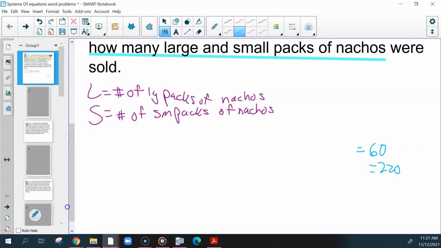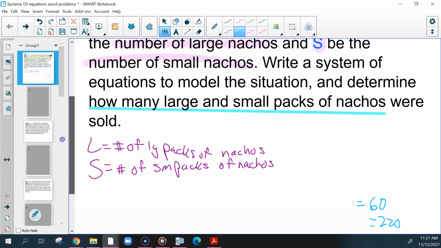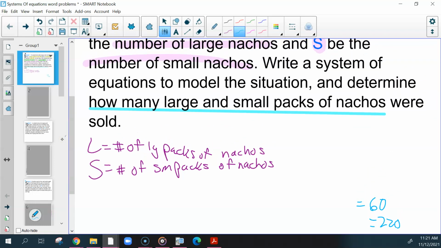So 60 is the total number of nachos altogether. We need something that also represents number of nachos. What represents number of nachos? That's the total number, yes. What else tells us number of nachos?